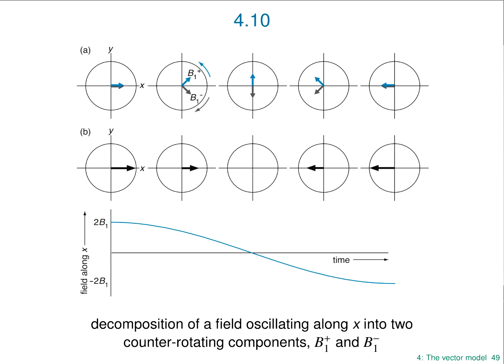So there's rather a lot going on in this diagram. First of all, I want you to concentrate on the second row labeled B. This is a view down the z-axis, and my black vector is a magnetic field. You'll see that over time, this magnetic field is oscillating along the x-axis.